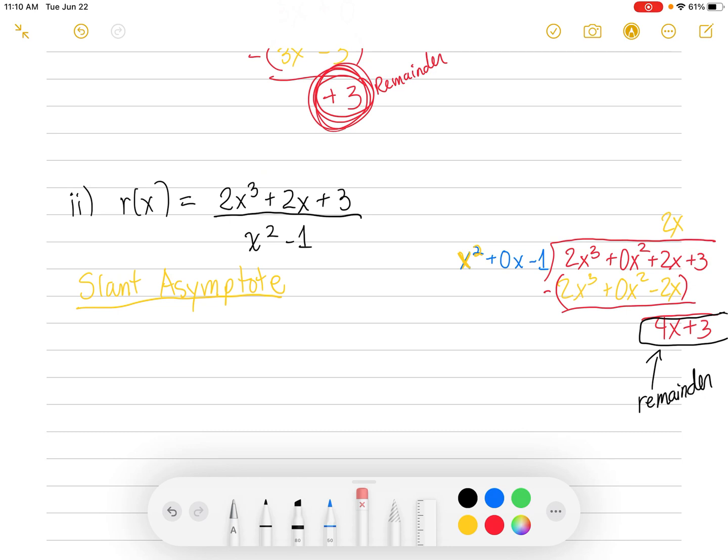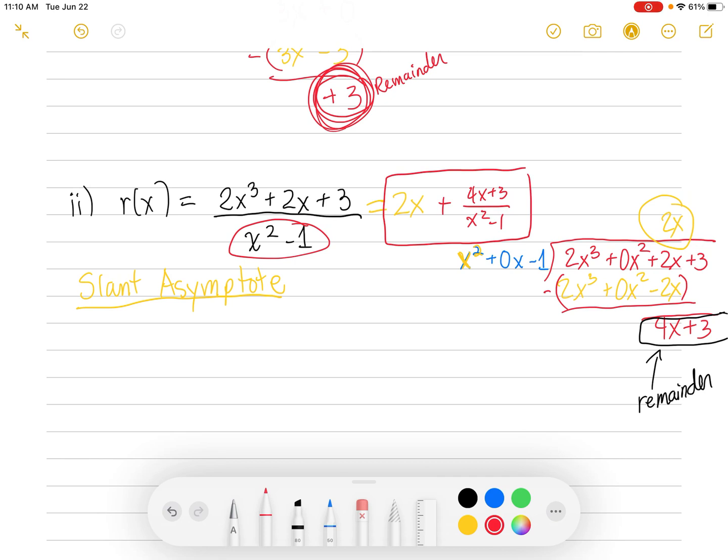So what I'm going to do here, I'm going to rewrite this rational function. This is going to be equal to, first I'm going to write my quotient up top, 2x, and then I'm going to write plus my remainder, which is 4x plus 3, over top of my divisor, which here was x squared minus 1.